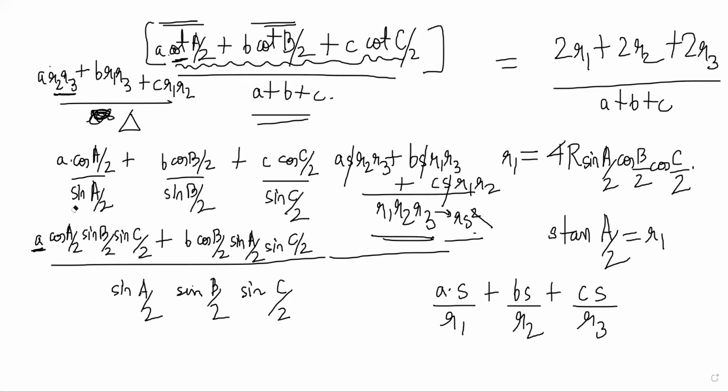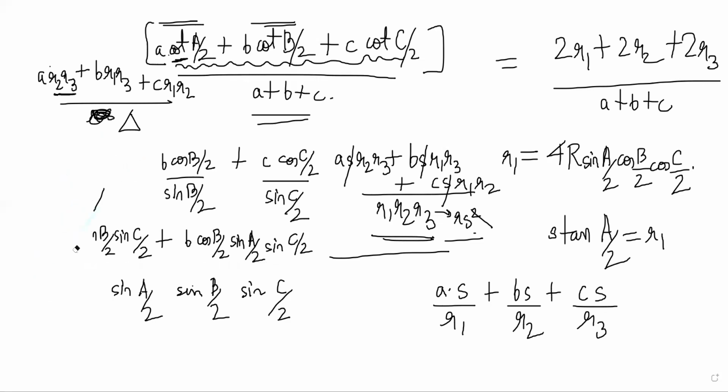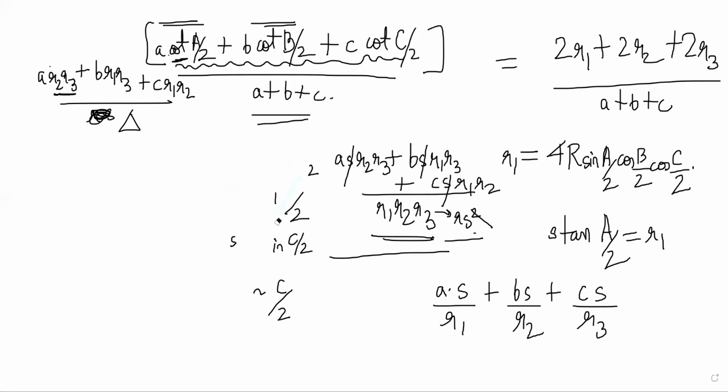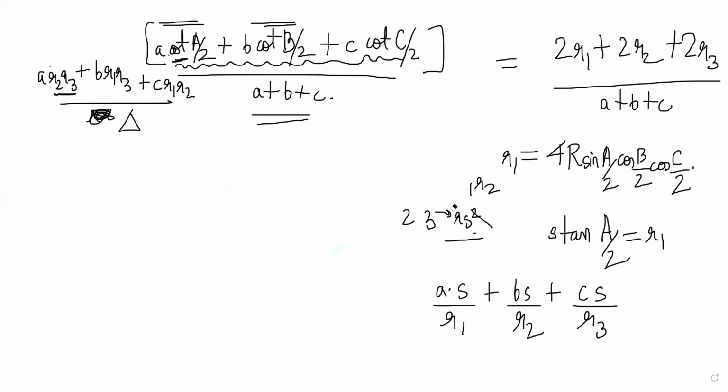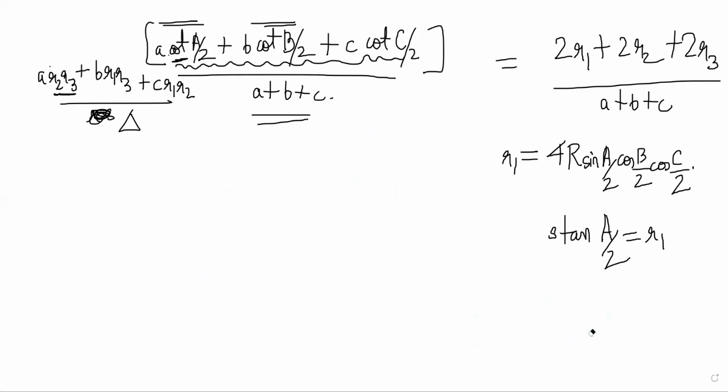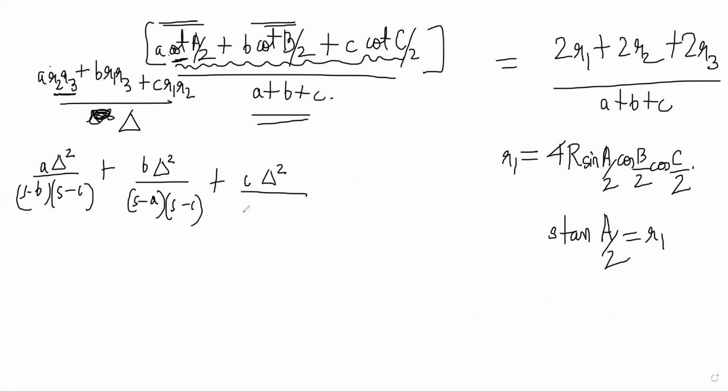So I will just put the del formulas and we will get A del square by S minus B, S minus C plus B del square by S minus A, S minus C plus C del square by S minus A, S minus B, divided by del, so one del cancels from everything.